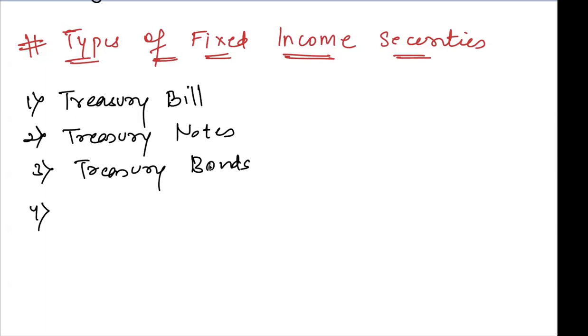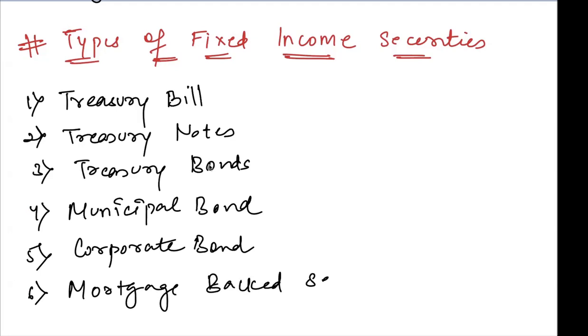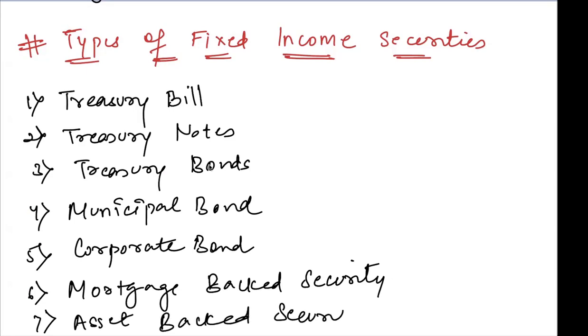Then we have municipal bond, we have corporate bond, we have mortgage backed security, and we have asset backed security.